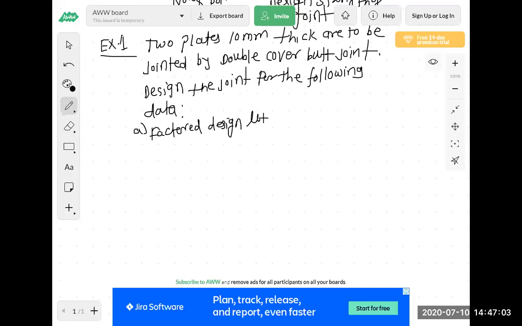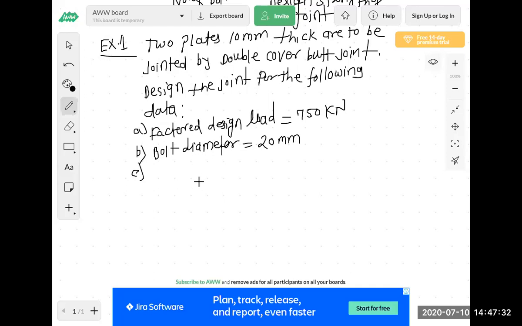Factored design load is given. That load is 750 kilonewton. 750 kilonewton is the load coming on this particular joint, double cover butt joint. Then second, bolt diameter is given. Bolt diameter is equal to 20 mm.